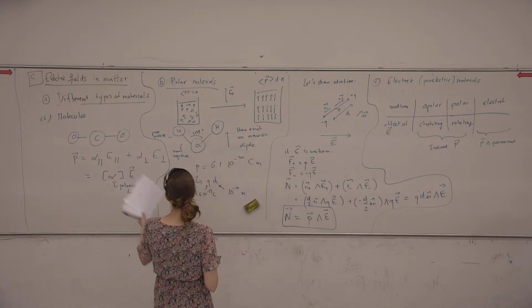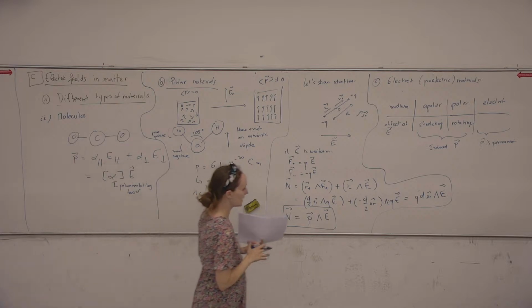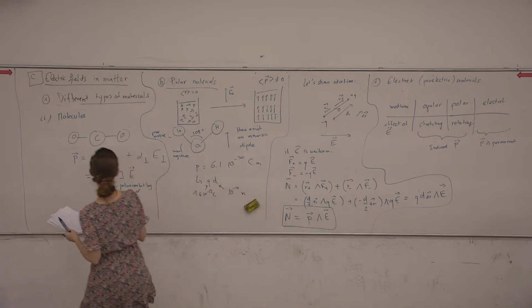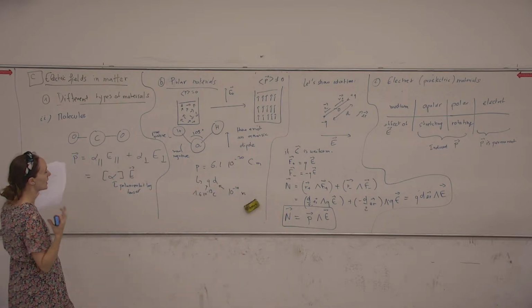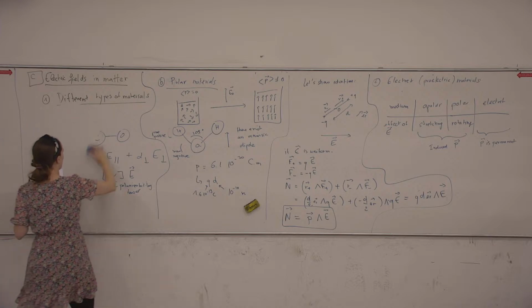So one part was talking about different types of materials, and specifically insulators. Then the second point will be to discuss more generally what the general questions are that we are asking in electrostatics in matter.